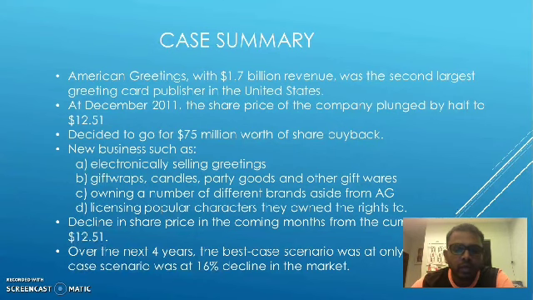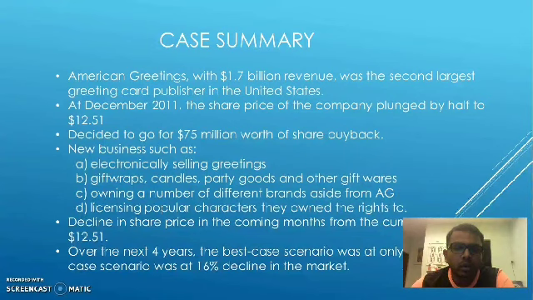The best case scenario is that their revenue declines by 4%, and in the worst case, it can go up to a 16% decline in revenue growth. So this is what the case study is all about.